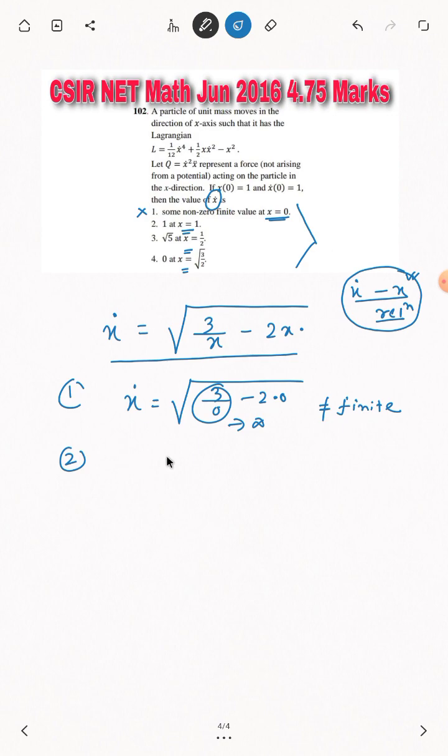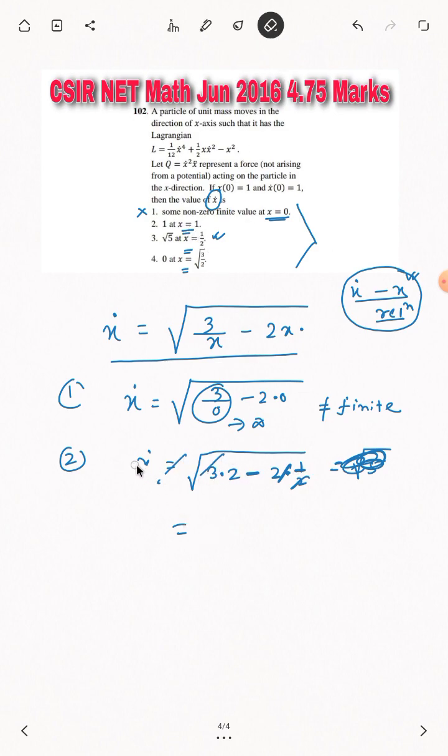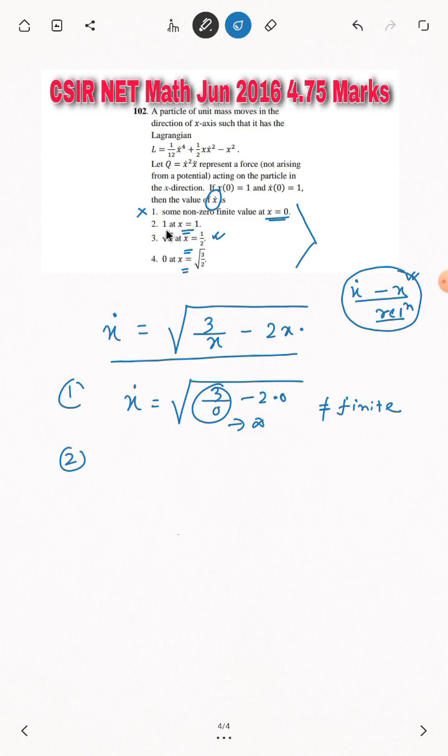Next, come to option 2. It says x dot equal to 1 at x equal to 1.